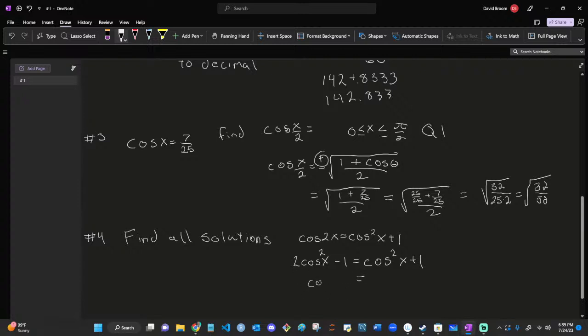You end up with cosine squared x, I don't know if it'll work, cosine squared x would be 2. But here you get that cosine x equals plus or minus square root of 2.